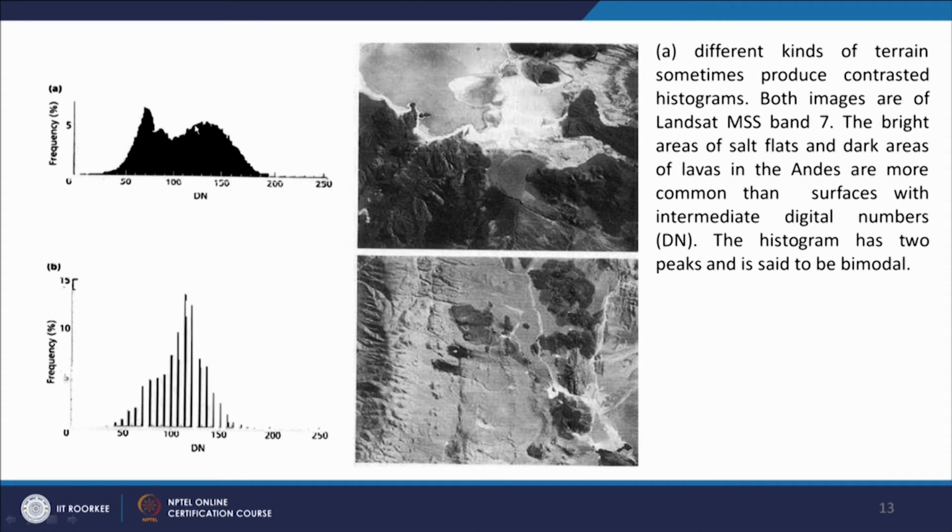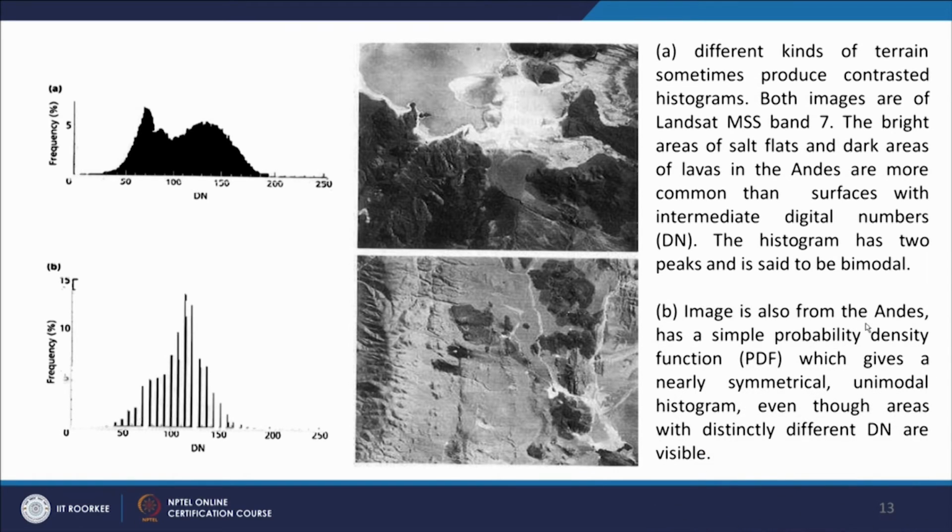Here you have two peaks, and here you have a single sharp peak for this image, because you don't have two types of distinct features as seen in the first one. And this image of the Andes mountains has a simple probability density function, which gives a nearly symmetrical unimodal histogram, even though areas with distinctly different DN values are visible.